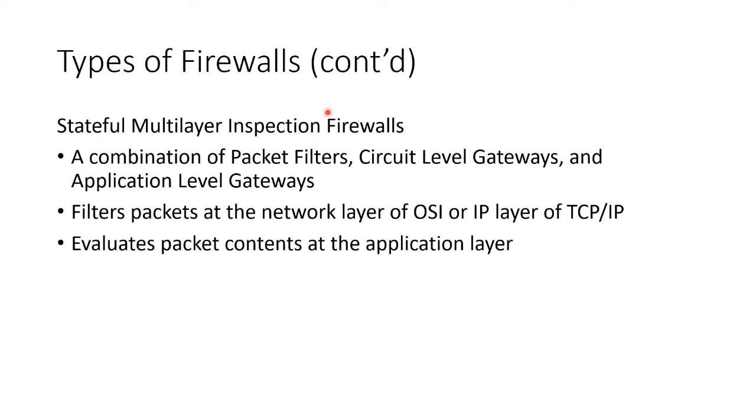Most firewalls now work at multiple layers, at least layer 3 on up in the OSI model. So you prefer to have stateful multi-layer inspection firewalls. They can be a combination of packet filtering, circuit level, and application level gateways. They filter packets at the network layer on up, and they evaluate contents at the application layer.